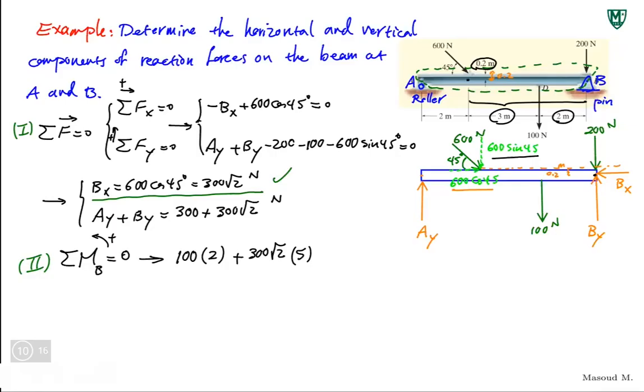No way to get rid of that, I guess. So can someone tell me what would be the moment of that force about point B? Right, we have 600 cosine 45, which I'm going to write as 300 square root of 2. The distance I already said is 0.2, so that is obvious. You guys tell me about the direction of this.